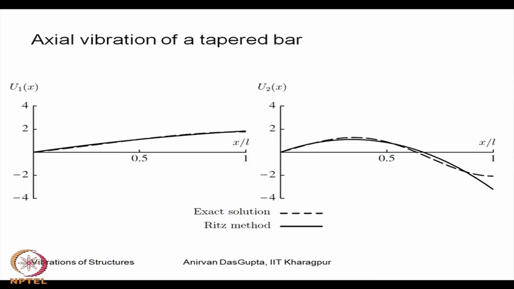Again, you can see that the fundamental eigenfrequency matches quite well with the exact, while that of the second mode is in error, especially at x over L equal to 1, since we are considering only admissible functions which satisfy the geometric boundary condition at x equal to 0, while the natural boundary condition is not satisfied with 2 terms. You have to take more and more terms, and then there is a convergence to the exact solution.